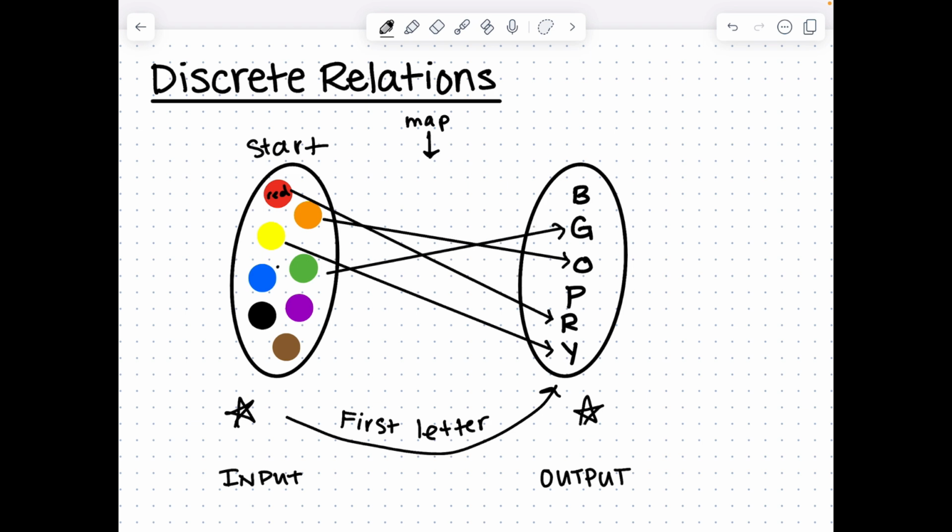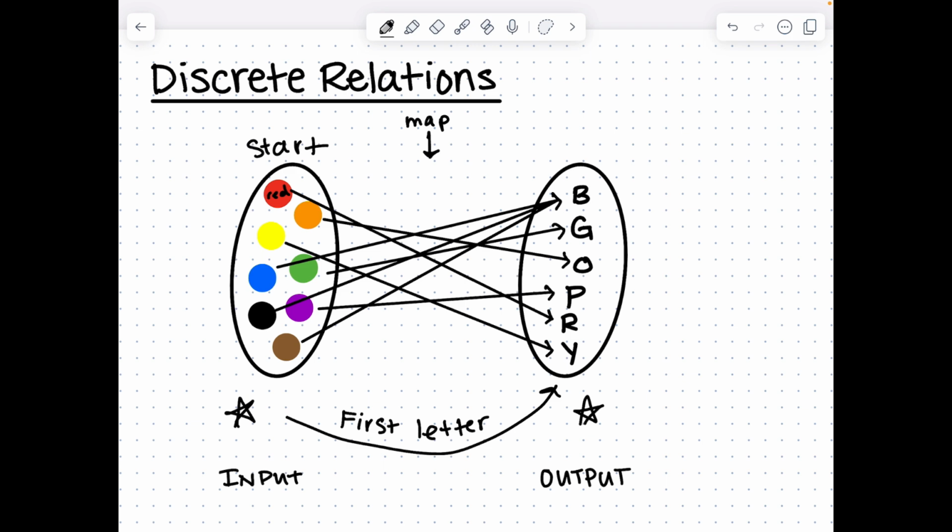Now blue is going to go to B. Purple will go to P. Black is going to go up to B, and brown is going to go up to B. This is called a mapping diagram for a relation. Sometimes you'll be told the rule, sometimes you'll just look at the mapping diagram and have to infer the rule. This time I told you the rule was first letter. So our map is taking each colored dot and drawing an arrow to its first letter.